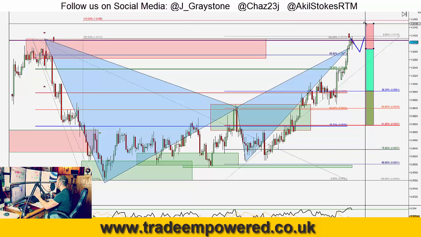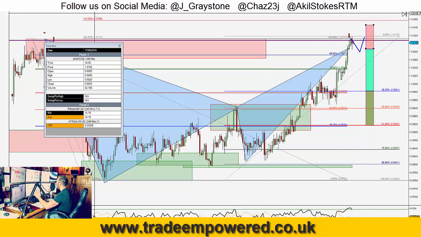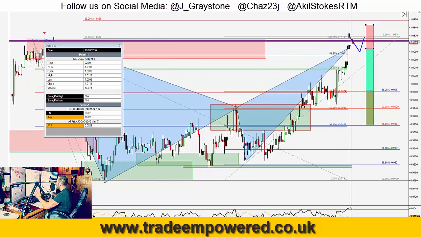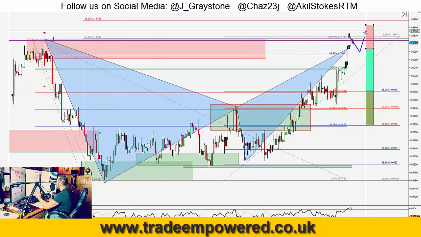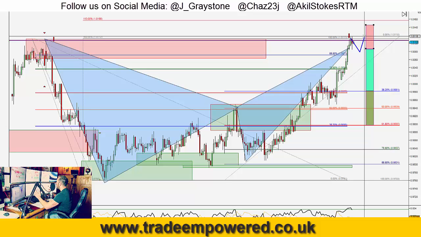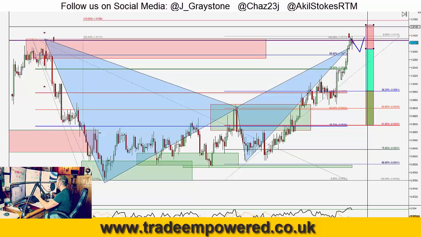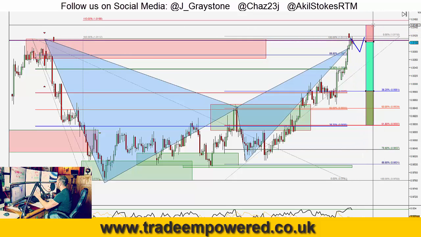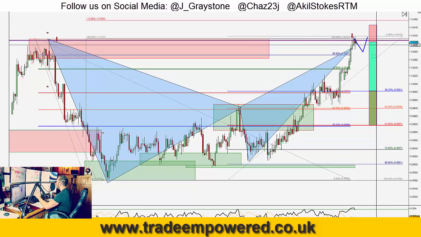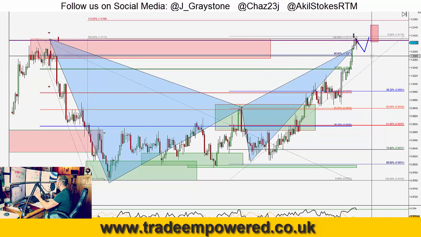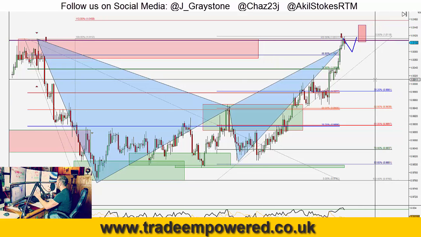Let's just bring on the ATR here. So you've got a 30 pip ATR, so your stop loss will be 30 pips above the high, which is going to put you at 48. So you can reduce your risk on the table and shoot for whatever targets your trade plan allows.